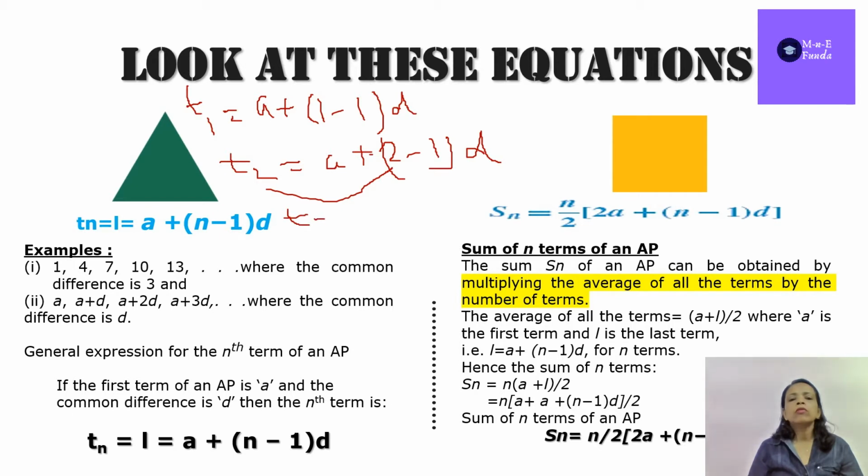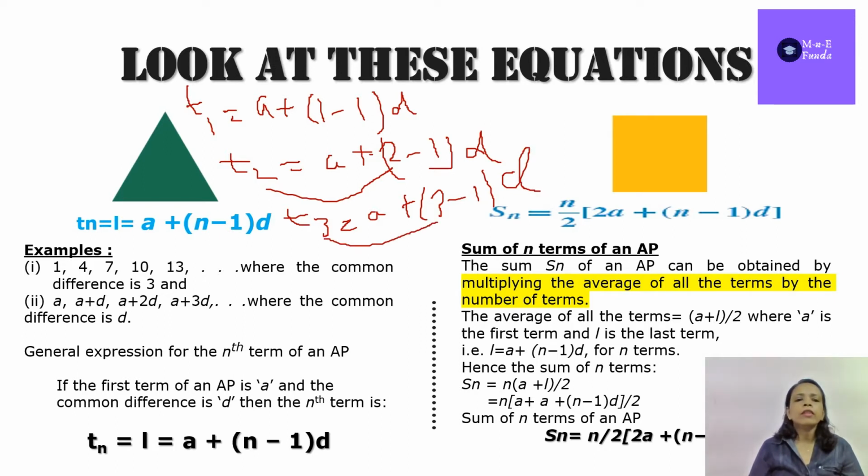T3 equals A plus 3 minus 1 into D. So here 3 is here.